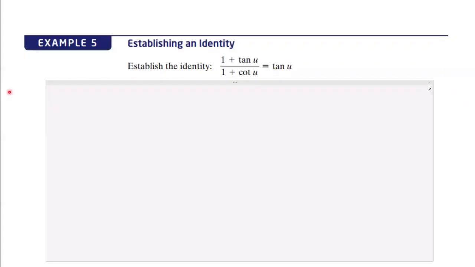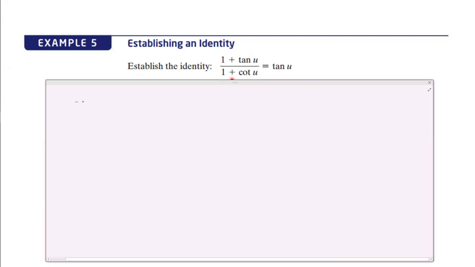Okay, so with this next example, I just want to illustrate that there's sometimes more than one way to get there from here. And in this case, we want to get to tangent u from 1 plus tangent u over 1 plus cotangent u. And I'm going to do it like this. I'm going to think of the 1.